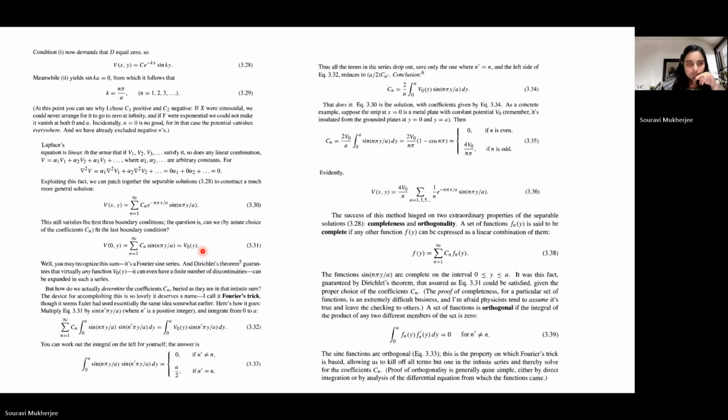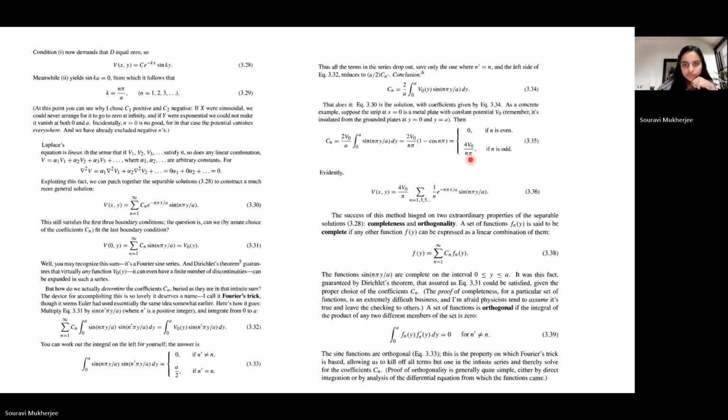So when you have already written your potential in terms of such a complete orthogonal set of functions, you can use the Fourier trick. Okay, and that will give you the value of these Cn coefficients. Once you know the expression for Cn, you actually know the expression for your potential. Okay, so if you have to solve for this question, this would be your solution, right?